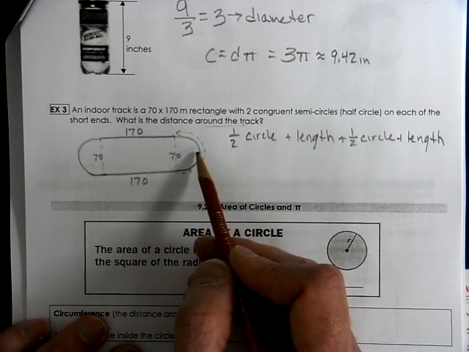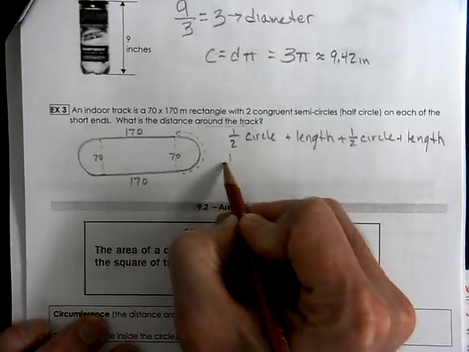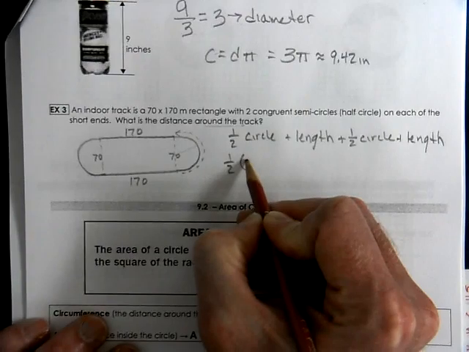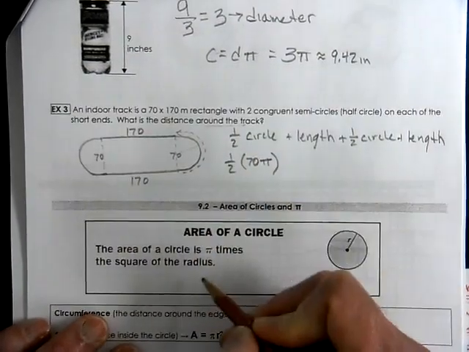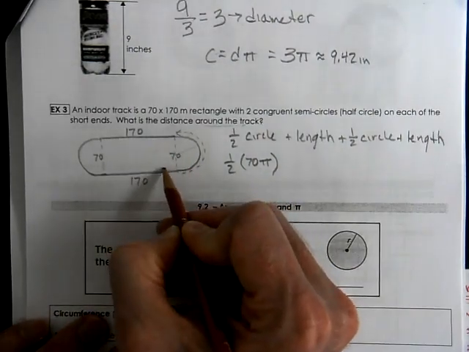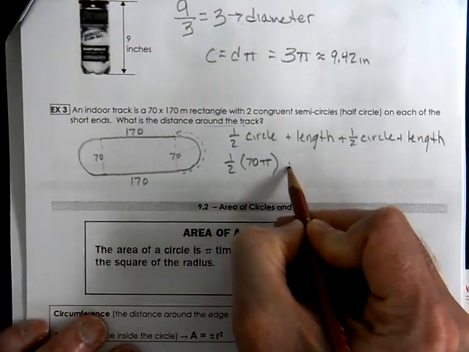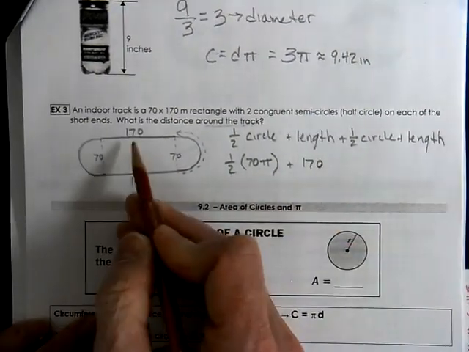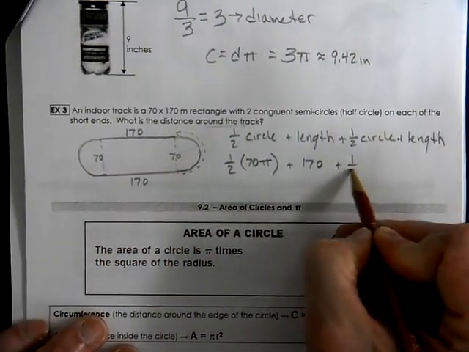But if we're given the diameter, that's just fine. We're going to take half of 70 pi, because that's diameter times pi, but we only want half the circle. We don't want to go all the way around. Plus we have our length, which is 170. We have another half a circle on this side.